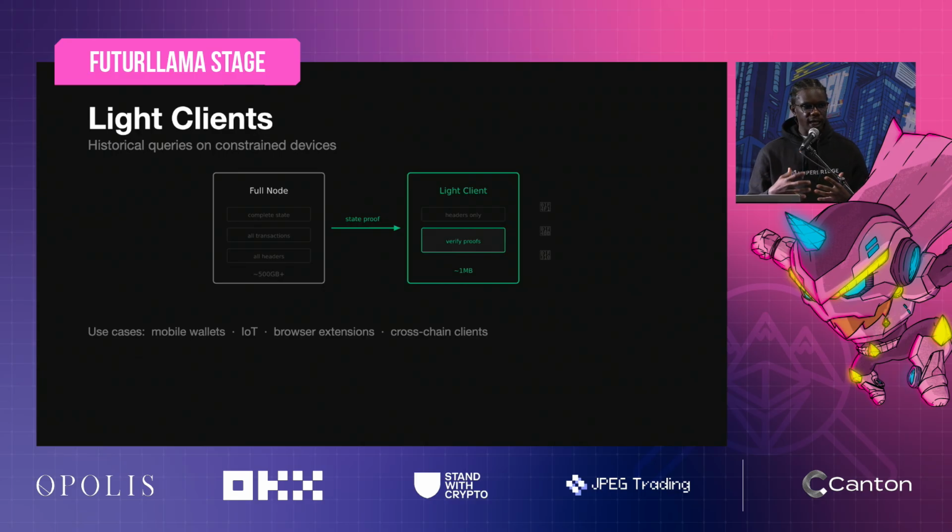The way in which we can actually scale blockchain data access to everyday people is through the use of these light clients, right? So rather than having to execute every block, you would instead have a light client that is able to follow the consensus of the chain. And if they need to query on-chain data, they would have to query this data with storage proofs, right?